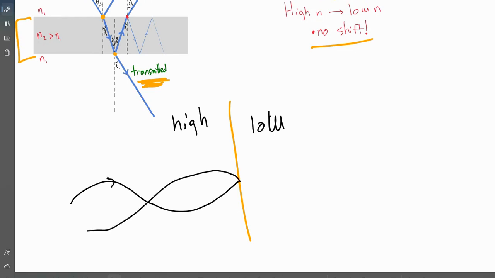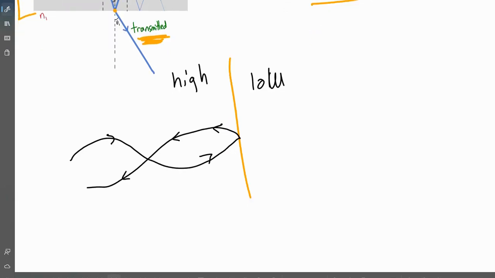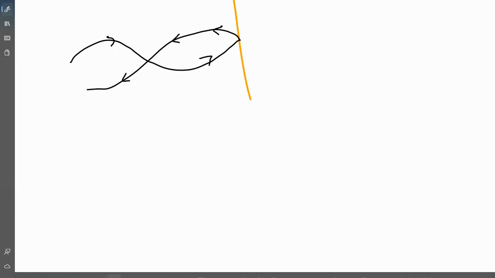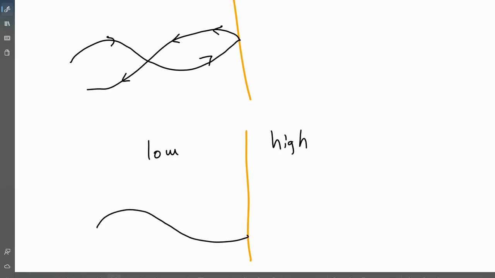It comes in here, and then it keeps going the way it was. But if we go from low to high, what ends up happening is it comes in here, and then it gets reflected back the way it came.